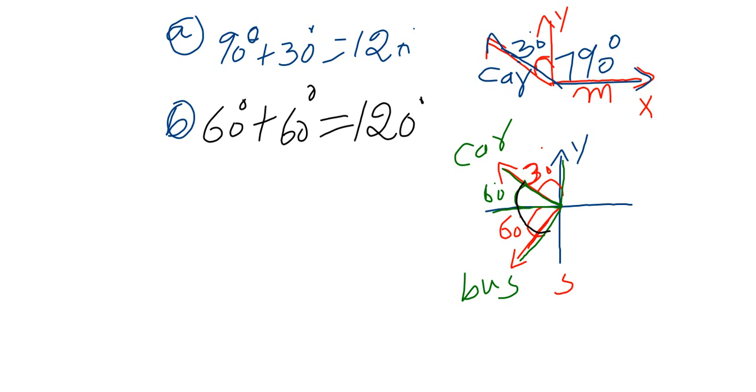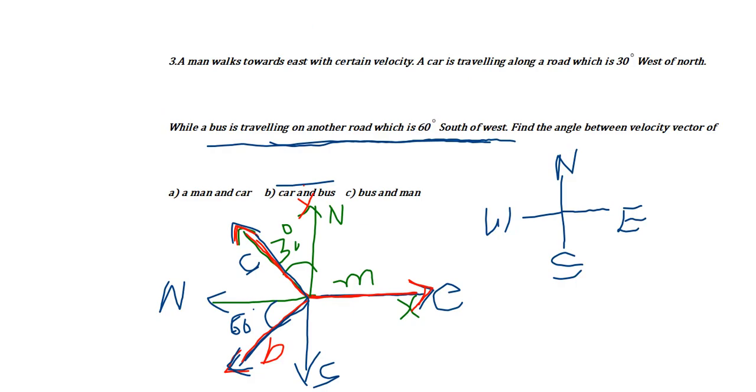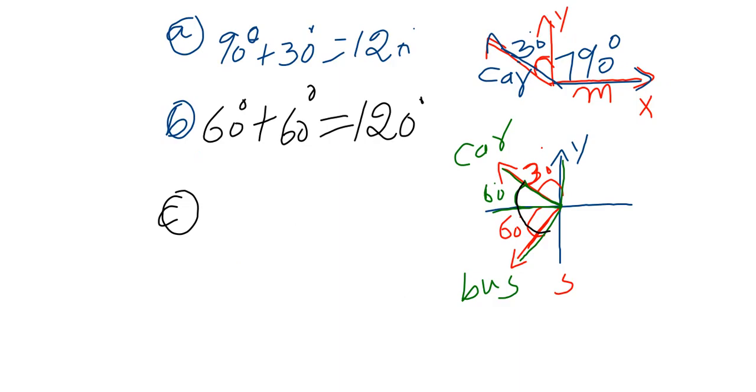Next, C is angle between bus and man. Bus and man. Angle between bus and man. So bus is here, man is in this direction.